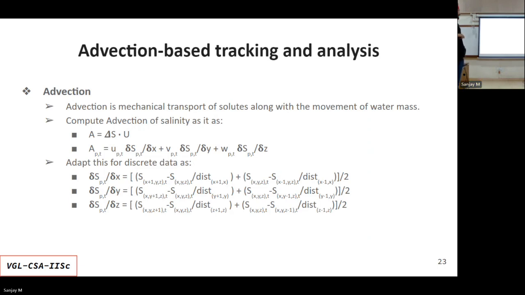This definition comes from a continuous system. For discrete data, we would need to find these gradients over discrete data, and these are just the formulas for them. We can find the gradients over discrete data using these formulas.